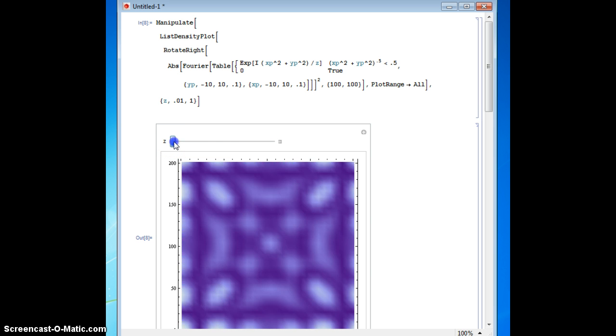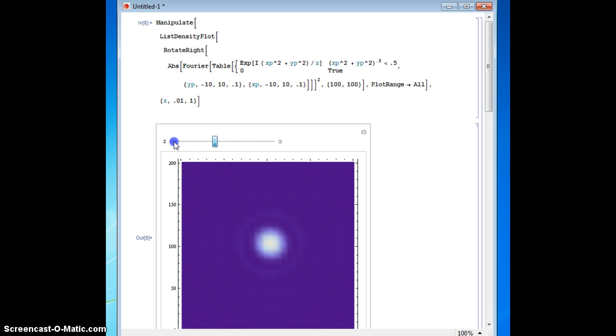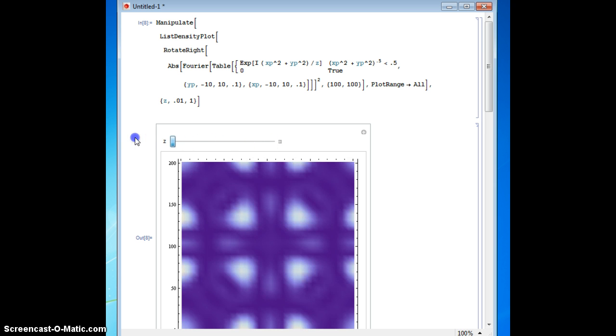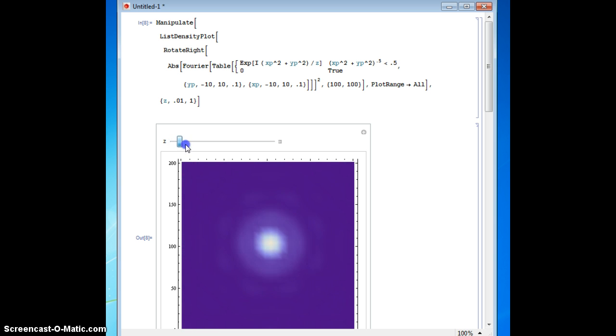As we go out further, we just see a big bright spot, whereas the pattern's a little bit more scattered throughout. So that is some Fresnel.